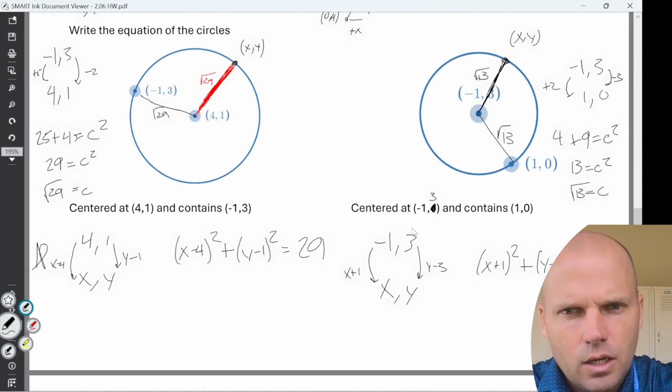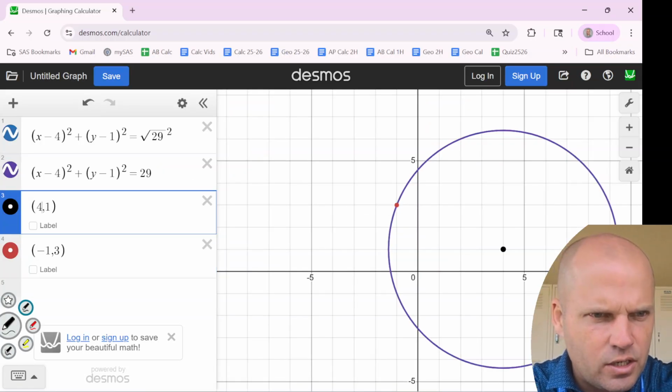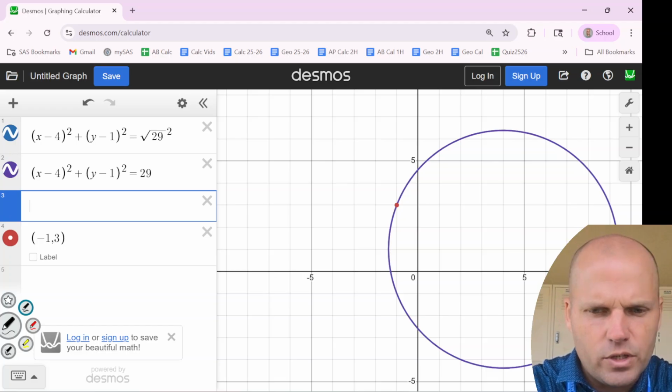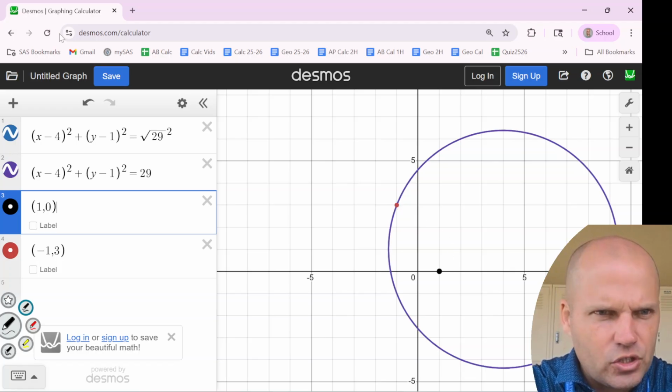Double check if you are able to by plotting the point negative 1, 3, which is the center. Plot the point 1, 0, which is this point on the circle.